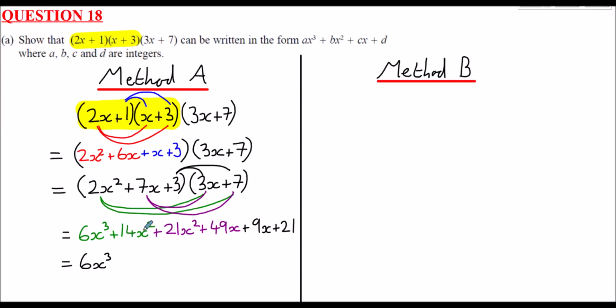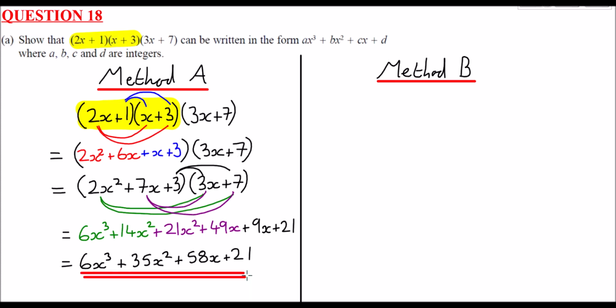In terms of x squareds, we're going to get 14x squared plus 21x squared. That gives us a total of 35x squared. 49x plus another 9x gives 58x's, and finally just 21 at the end. And so that's method A.